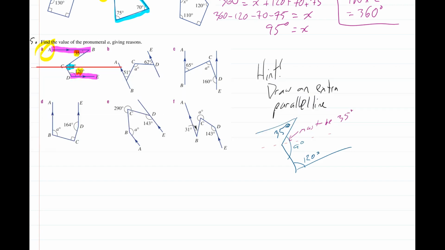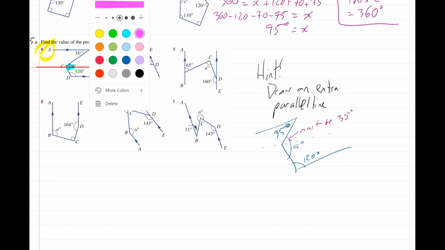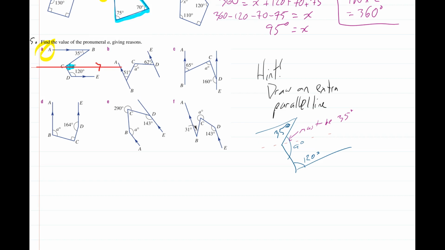So here we go. Now, can you see why I did that? Because that line's parallel. Now let me get rid of all of the rest, and I'll show you. I'll make this a nicer color. This parallel line and this parallel line.